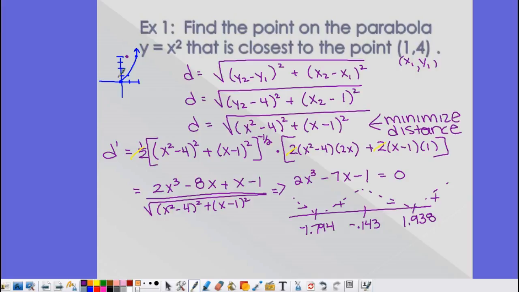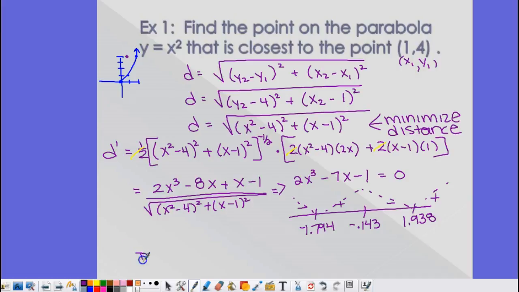However, because 1.938 is significantly closer to 1.4, we use the point 1.938 as our minimum value. So the point 1.938, and again, you have to be careful. It says find the point. So I would say if it's asking you for a point, it's asking you for an ordered pair. So you need to take this 1.938 and you actually need to plug it back into y equals x squared.